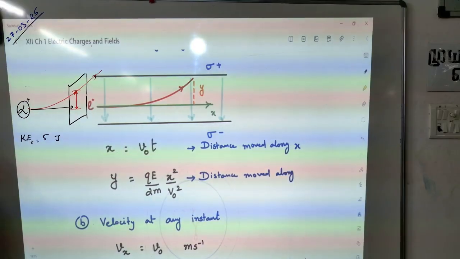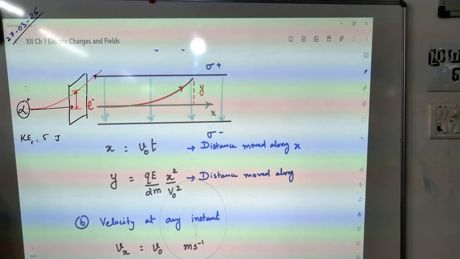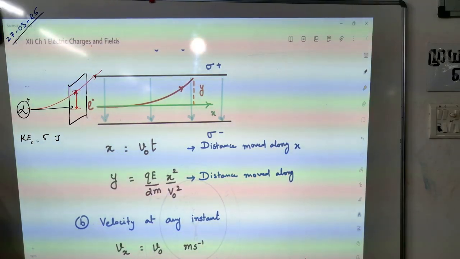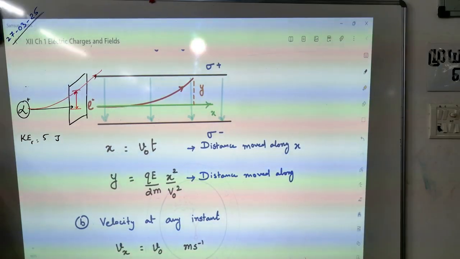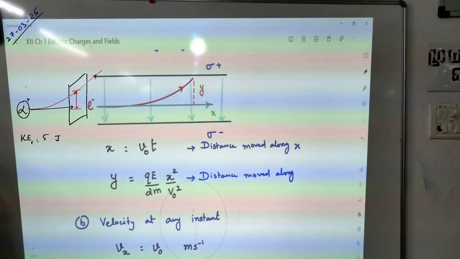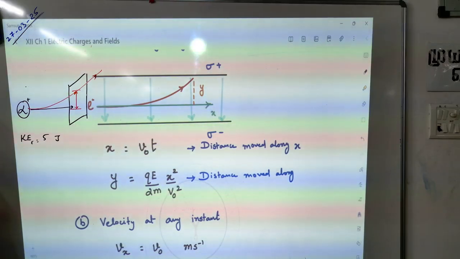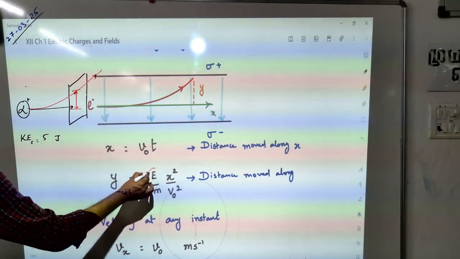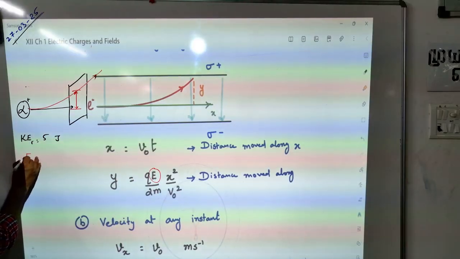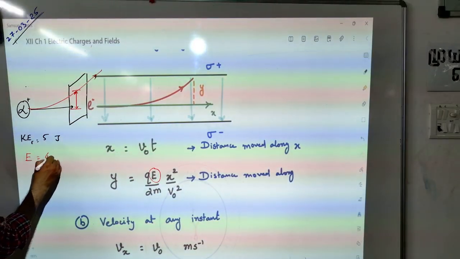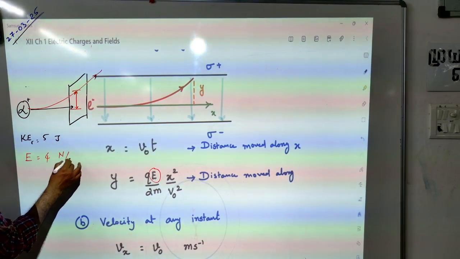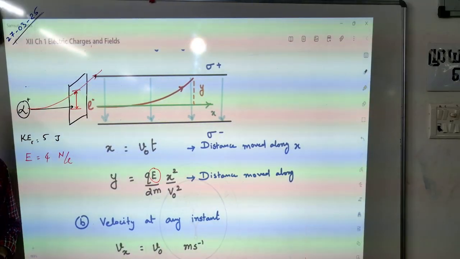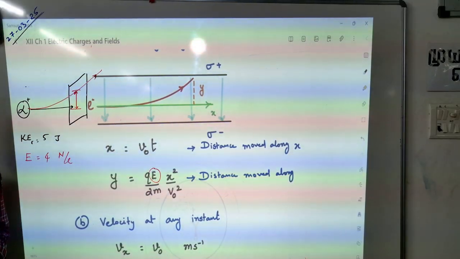Got it? Let's suppose this E value can be taken as 4 Newton per Coulomb. For your convenience, I give you that value. Fine, sir? Work it out.